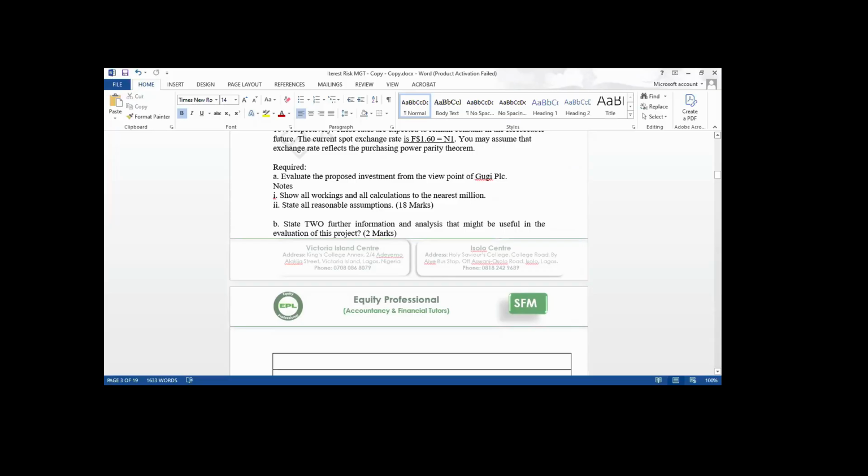So what the examiner is asking you technically is to carry out the financial evaluation of this project from the naira perspective. Any question, please?